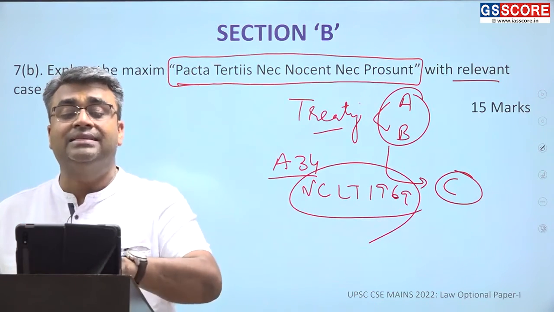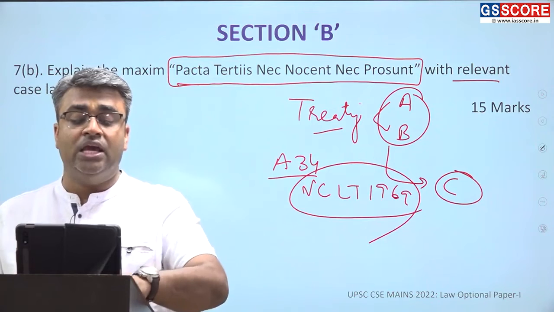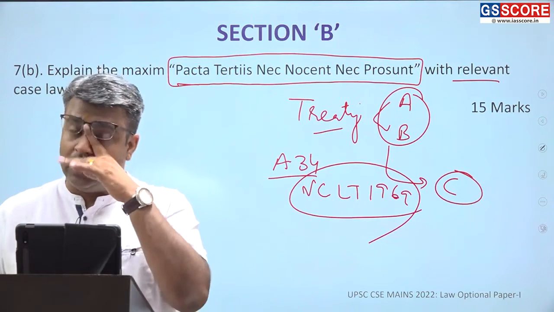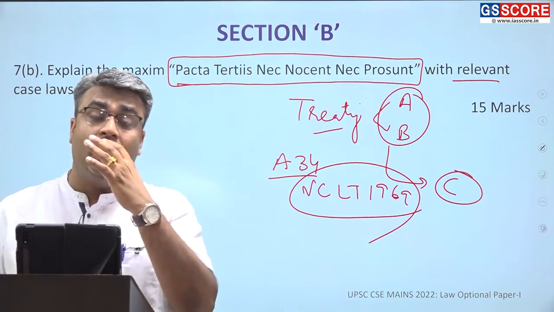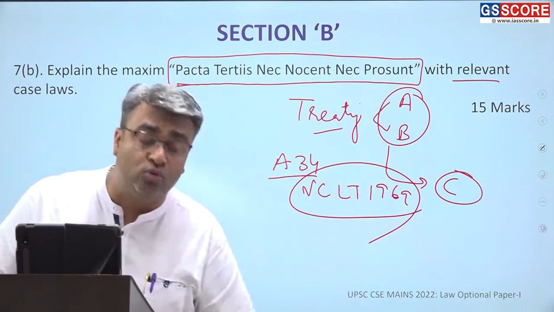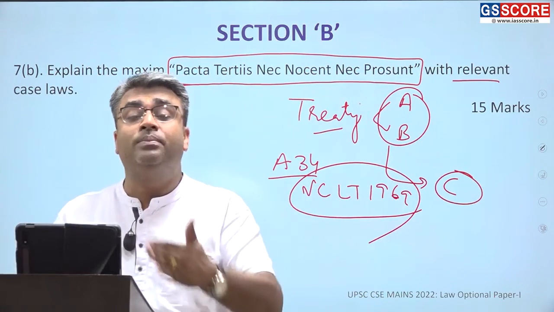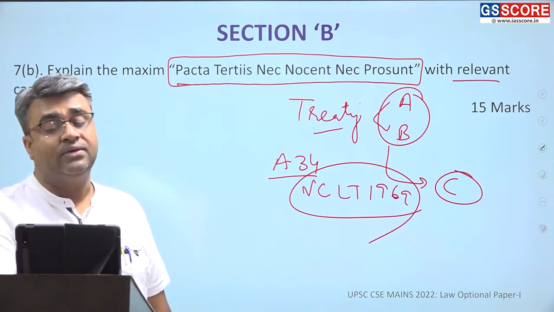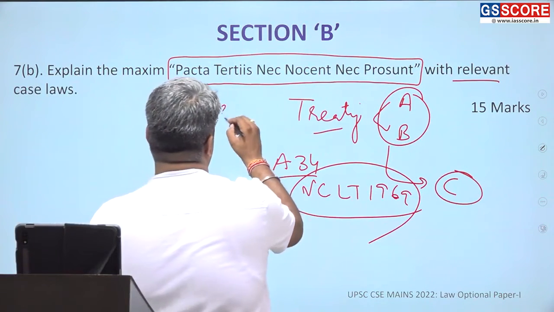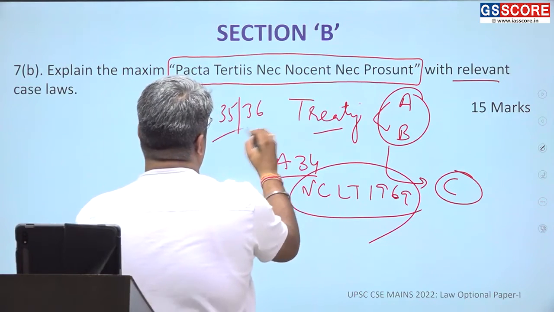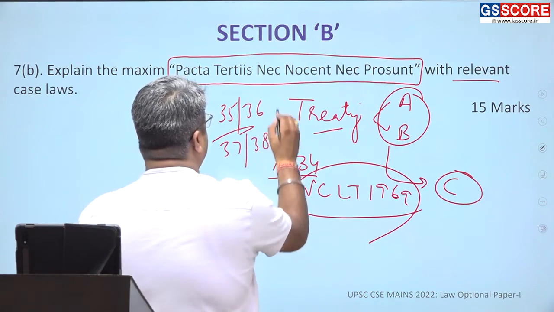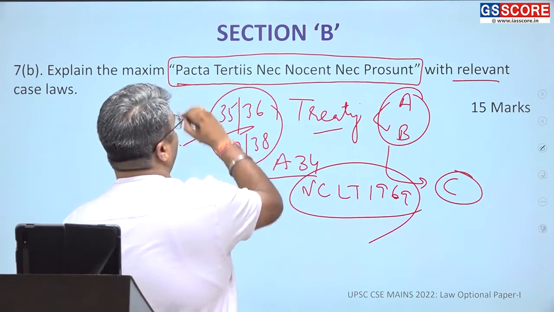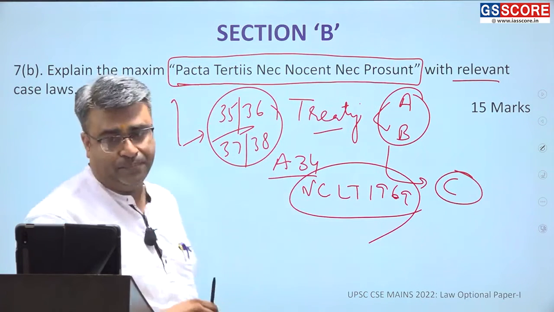But there are certain exceptions as well, whereby even outsiders, another country which is not a signatory to this treaty, may also be bound by it. So Articles 35, 36, 37, 38, these are the 4 articles which are the exceptions to this maxim.